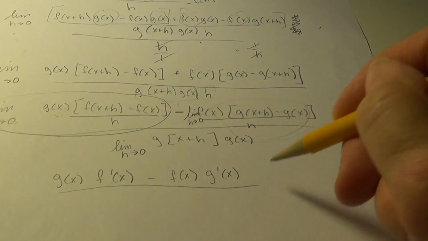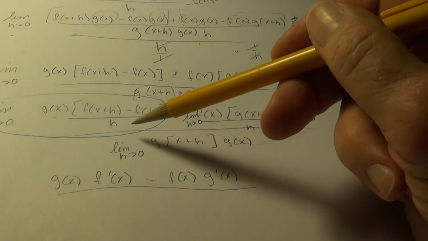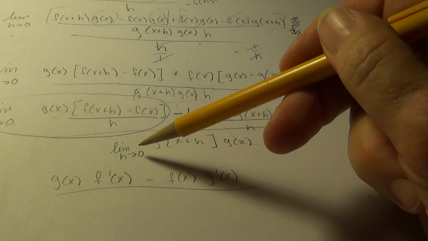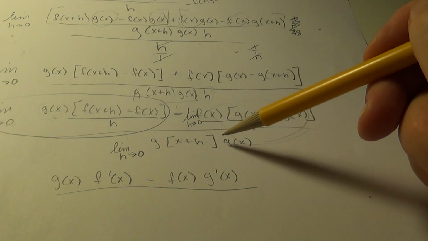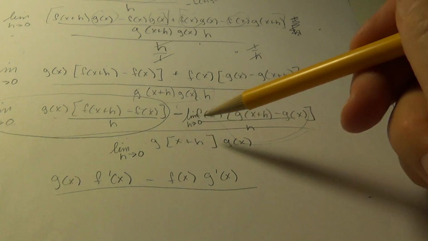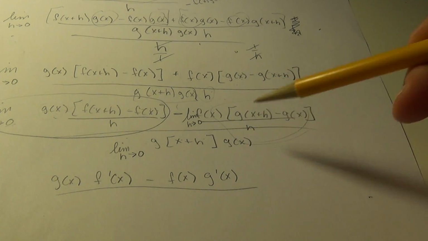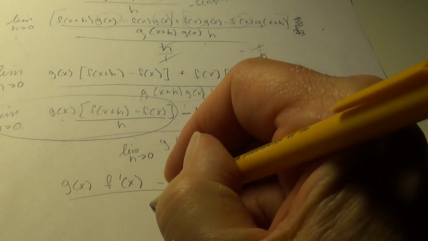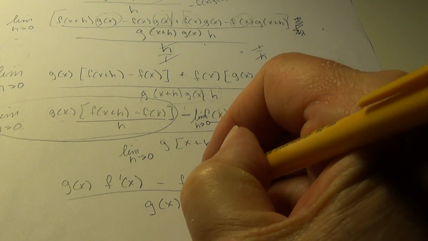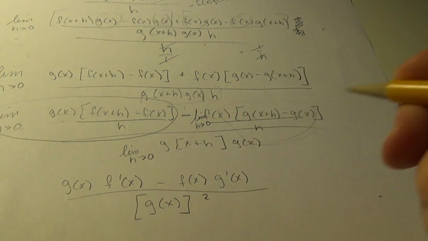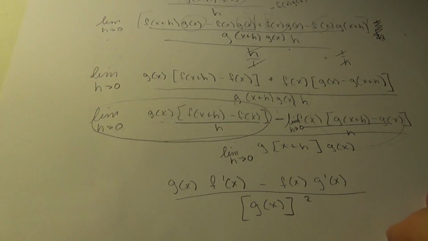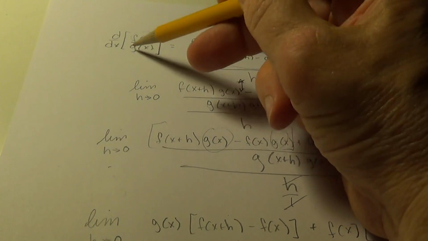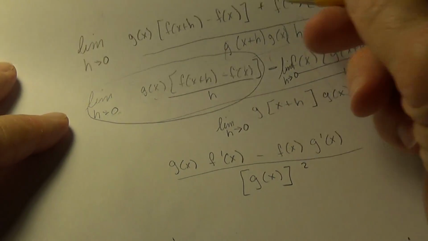So what's happening on the bottom? Well, the limit as h approaches 0, we can put a 0 in here for h, and we get g of x times g of x. So we get g of x quantity squared. So we can go up and grab what we were starting with, the derivative of a quotient.